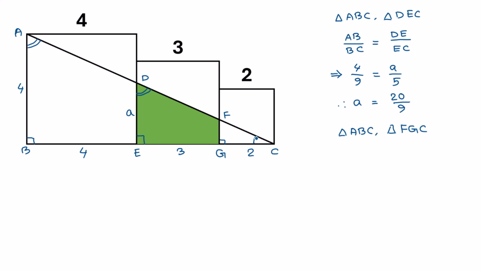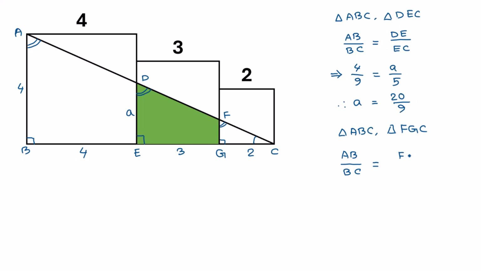And angle C is common and angle A is the same as this angle F. Again, these two triangles are similar. So AB divided by BC is equal to FG divided by GC.